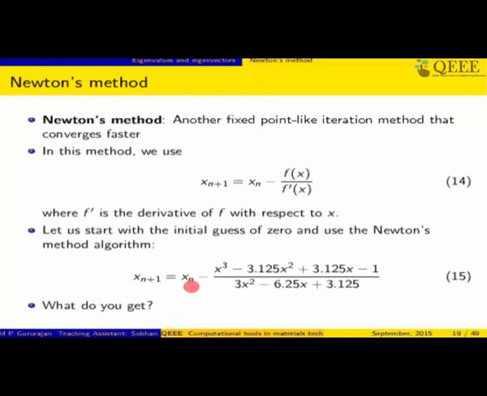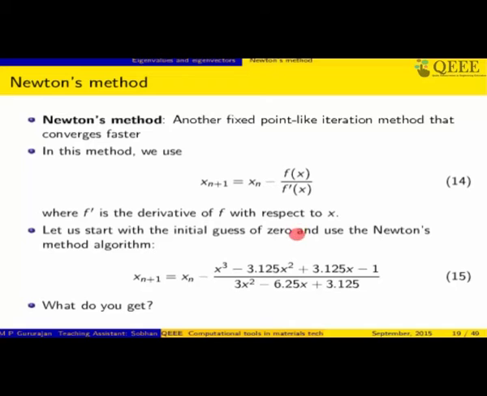So we take some x_n value. Let us take 0 to be the first x_n value. What do we get? This is 0, this is 0, this is 0, this is 0, this is minus 1, this is 0, this is 0, this is 2.5. So x_{n+1} you get as minus 1 by 3.125. Now you can take minus 1 by 3.125 here and calculate the next x_n value, and you can keep doing it.